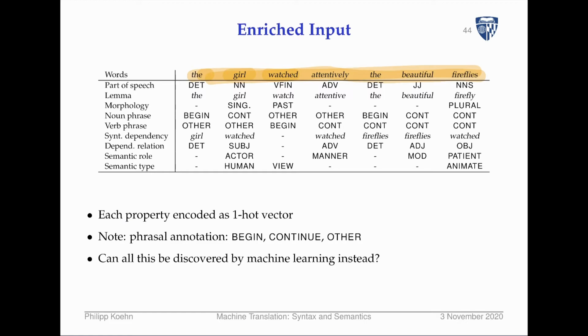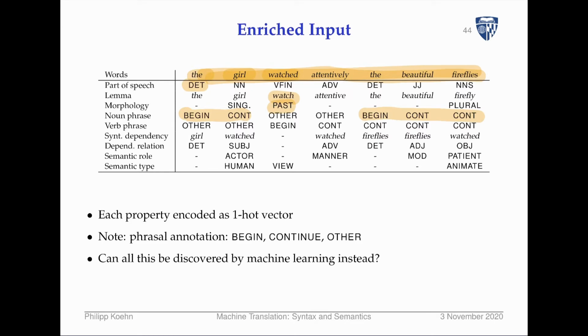But we could do the following analysis. We could say that's the part of speech of these words, like the determiner. What is the lemma, which most of the time is the same, but here watch for watched. There might be morphological features, for instance, this past tense. There are things like noun phrase, where you have here a beginning of a noun phrase that continues for 2 more words. Here you have a beginning of a noun phrase that continues.